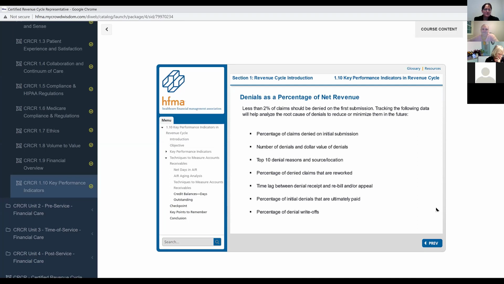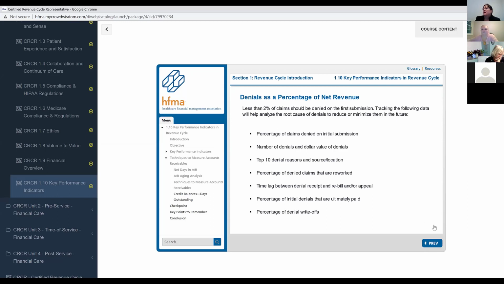So it's important that that education happens. How many are reworked? What is the time lag between the receipt and the rebill? All these are very important to managing the flow of cash, as well as finding areas for improvement in your organization.